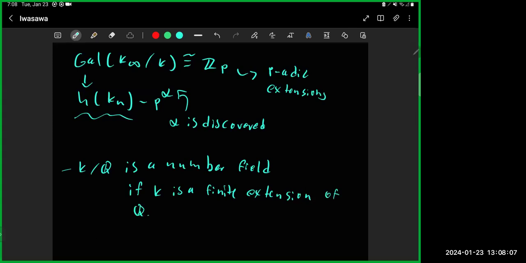This is a huge class of fields, and we still don't know a lot about many of them. At some point in this talk, we'll restrict our attention to a certain subset of these number fields that include the cyclotomic fields, and those are going to be the ones of most interest to us.